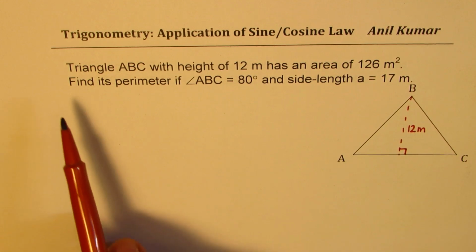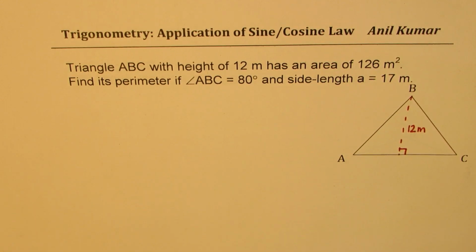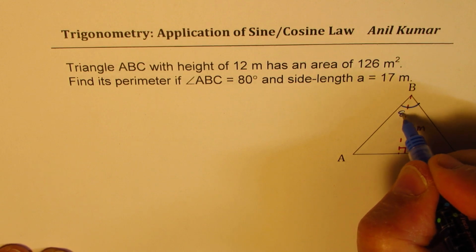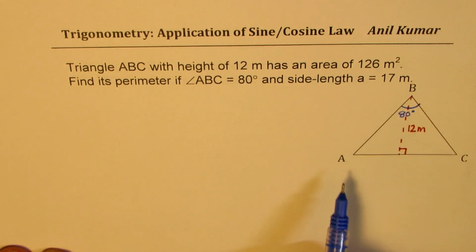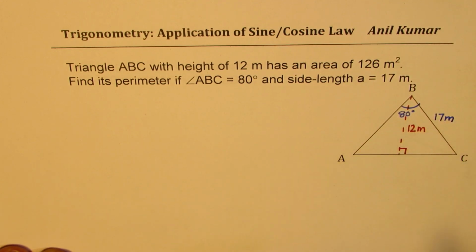Find its perimeter if angle ABC is 80 degrees. That means this angle here is 80 degrees. And the side length A, that means this side length is 17 meters. So you need to find perimeter of this particular triangle.